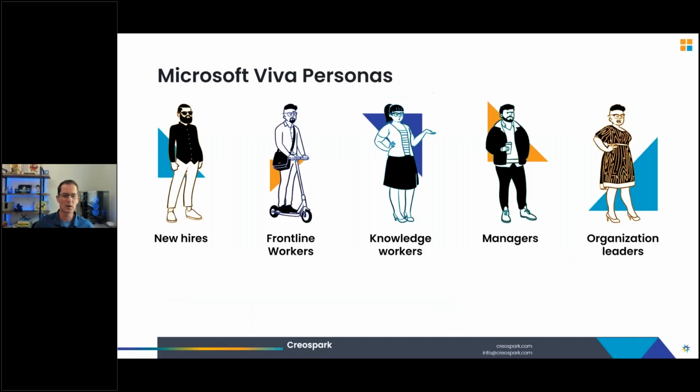So to do that, what I want you to think about are different personas that would be using Viva. And there's more than these, but these are sort of the big ones that I thought of. And really, this could be a way of helping you understand how you'd want to be using Viva within your org: come up with the types of people within your org that would be using Viva modules and components, and how Viva is supposed to work within their work life so that it actually is useful.